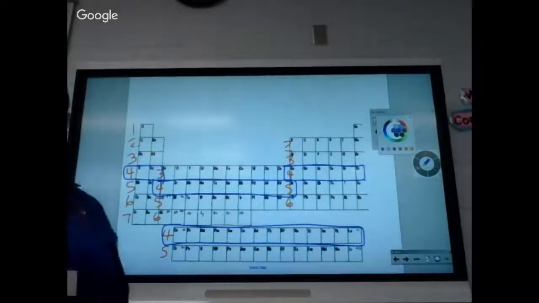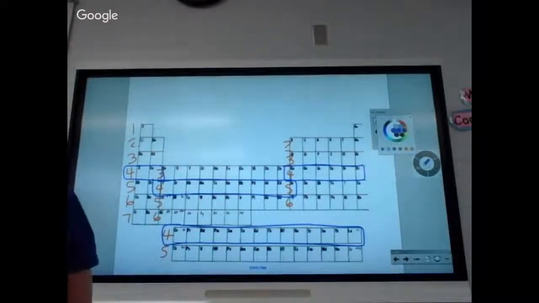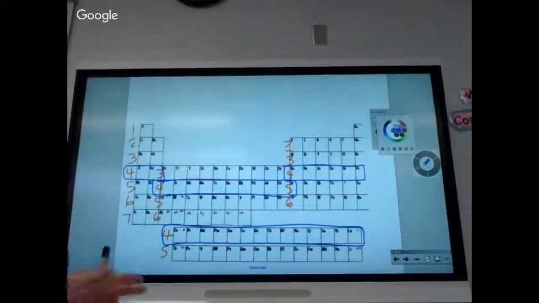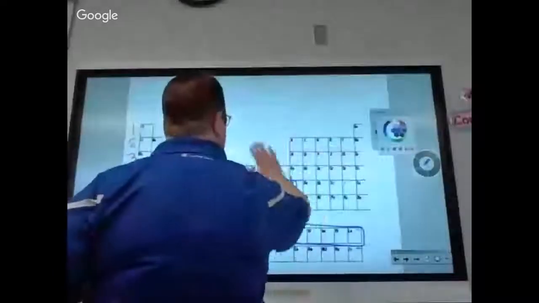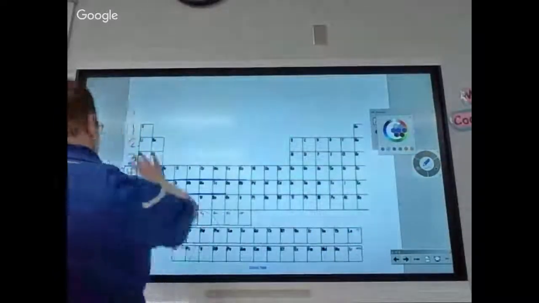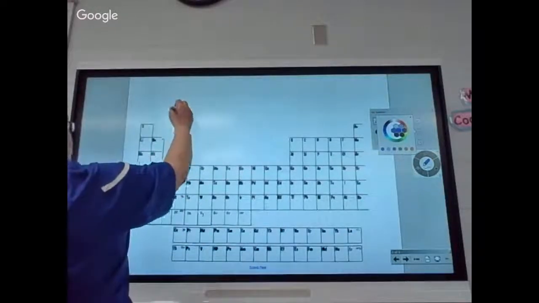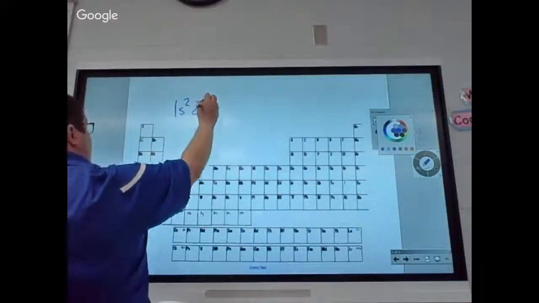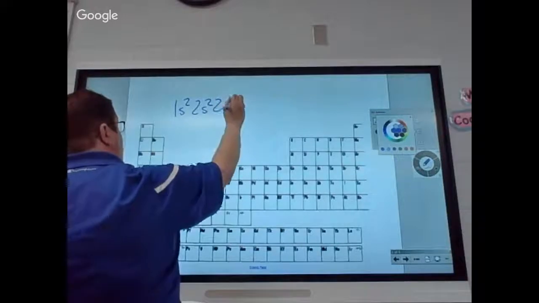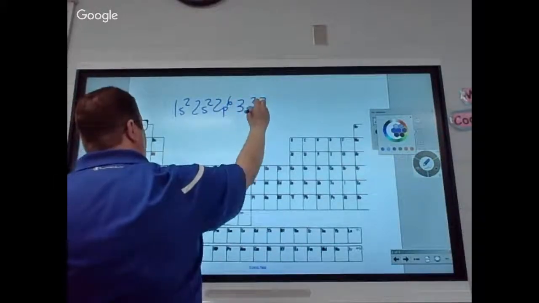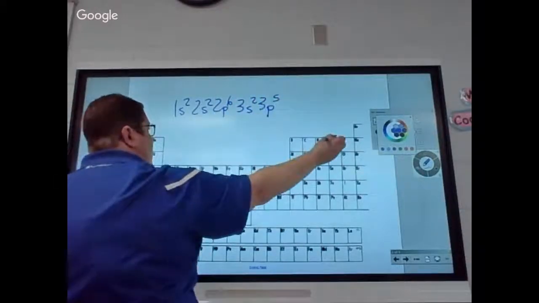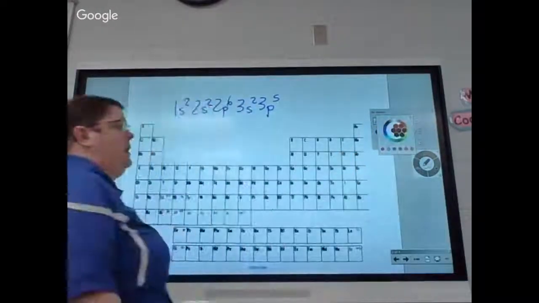Okay? So, part C, the complete number of occupied orbitals in chlorine. How do we find occupied orbitals in chlorine? What would you do? Electron configuration. So chlorine is 1s2, 2s2, 2p6, 3s2, 3p5. So how many orbitals does chlorine occupy?